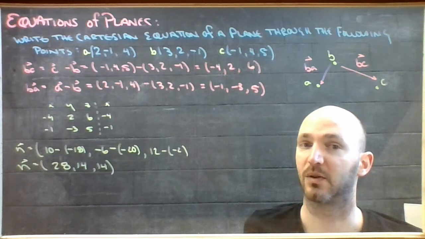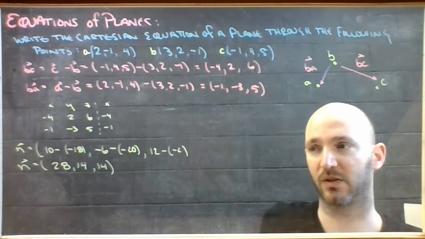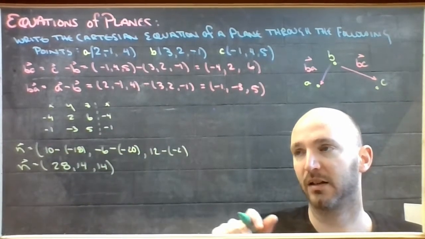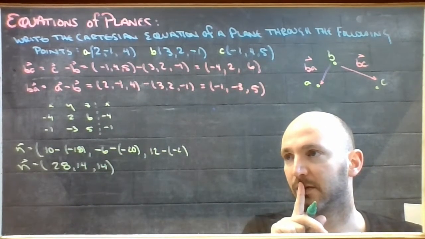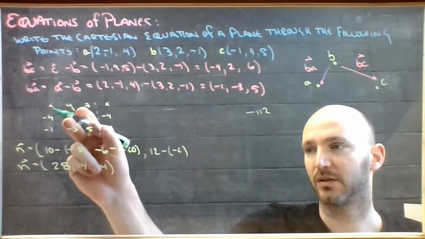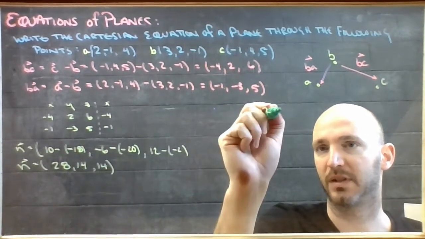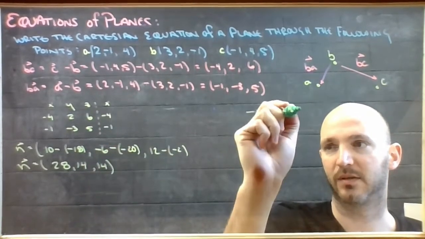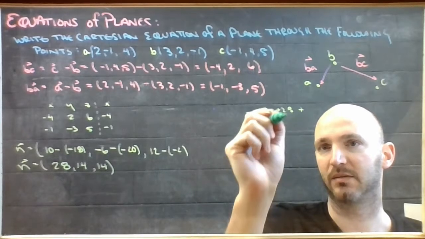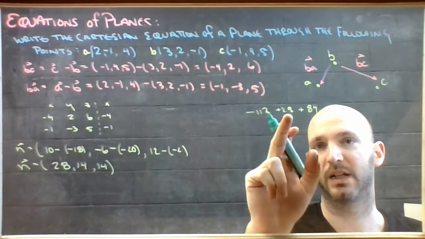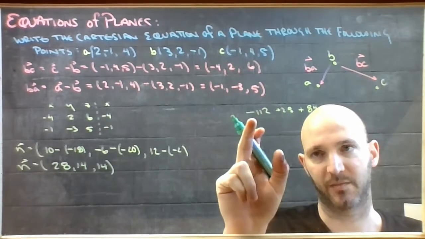So I'm just going to go through and check to make sure that that actually worked out, and that this is actually perpendicular to that. 28 times 4 would be 112. 2 14s would be 28. And 6 14s would be 84. 112 plus 28 plus 84 is 224, minus 224 is 0.